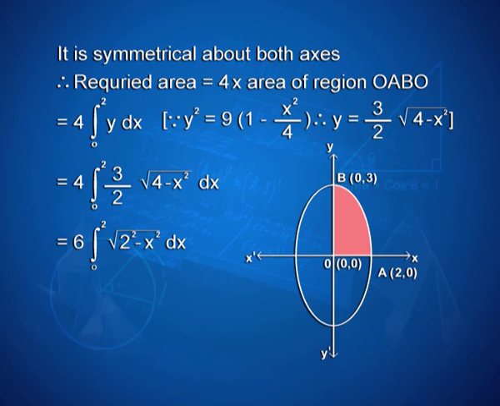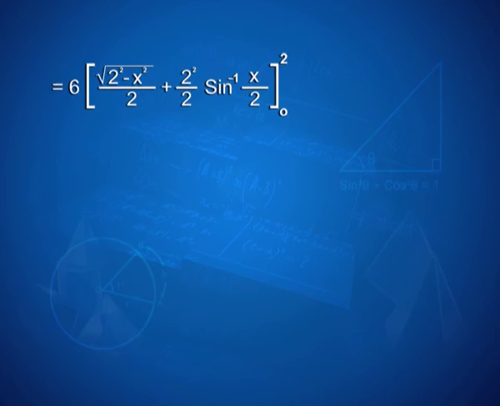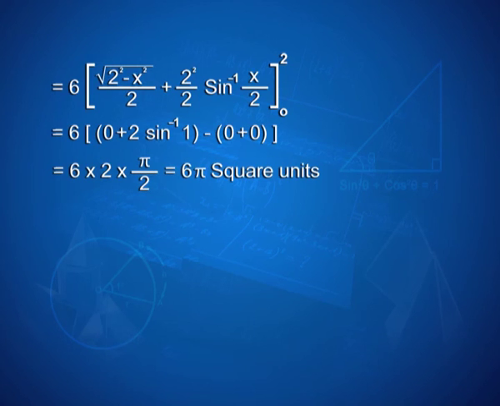On applying limits, we get 6 into x into square root of 2 square minus x square upon 2 plus 2 square upon 2 sine inverse x upon 2, as 6 into 0 plus 2 sine inverse 1 minus 0 plus 0, that is 6 into 2 into pi upon 2 is equal to 6 pi square units.